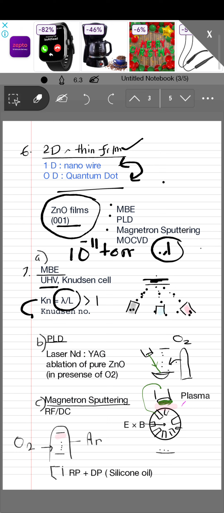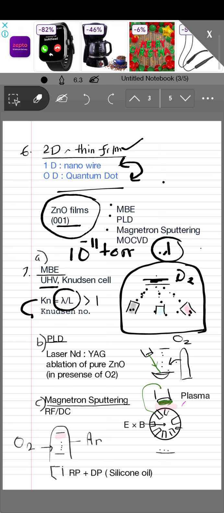So if we make the vacuum such that lambda is much larger, the gas molecules inside the chamber, which is basically initially oxygen, undergo very few collisions, so the vacuum level will increase. This is how the film deposition takes place.